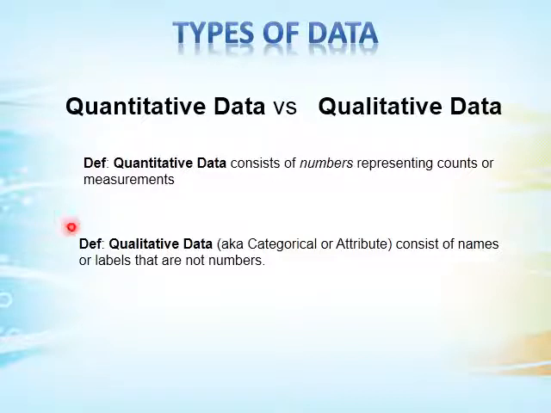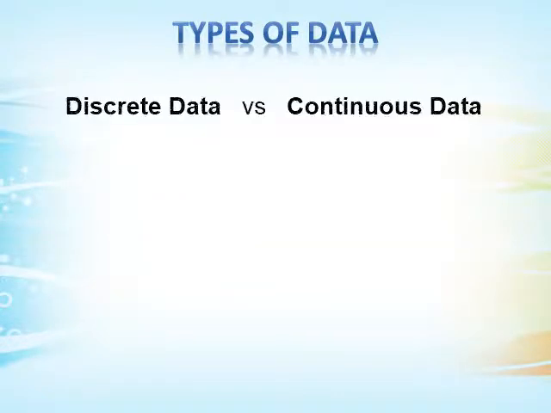Now there's a little more to this. We could have our categories be numbers, but those numbers would not represent counts or measurements if it's qualitative data. So we'll see some examples of that. So you do have to be a little careful in distinguishing between quantitative and qualitative.